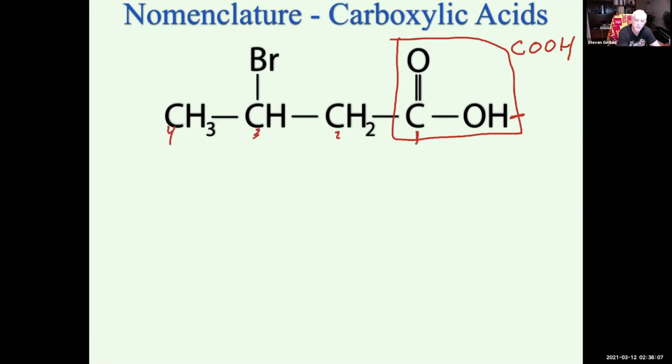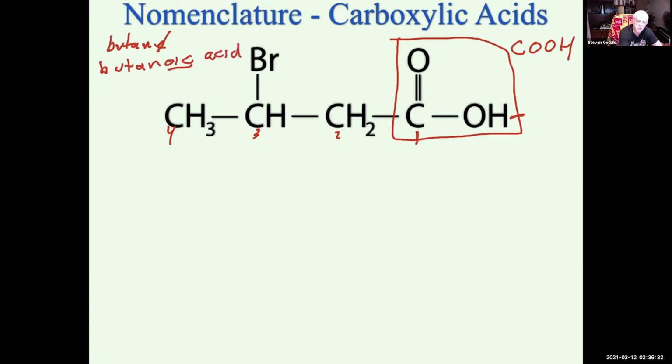Okay, so we have 4 carbons. 4 carbons is butane. When we name a carboxylic acid, we drop the E and add OIC acid.